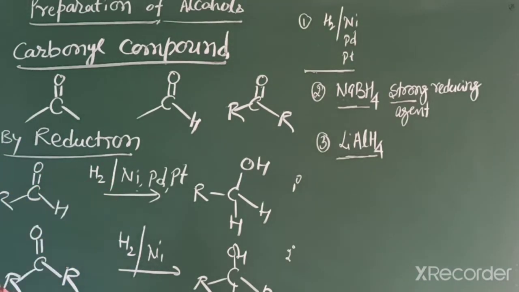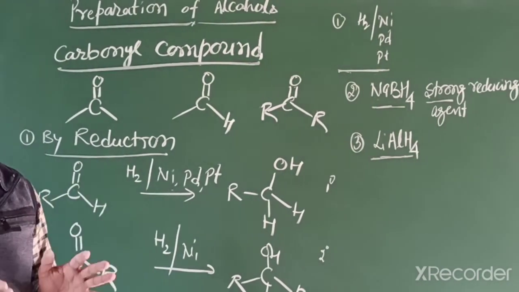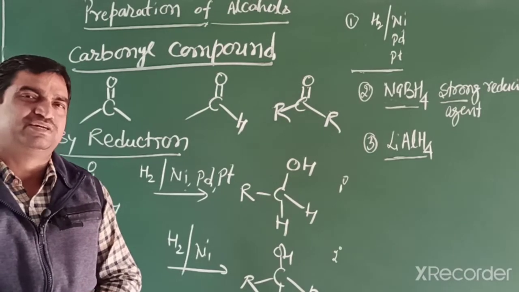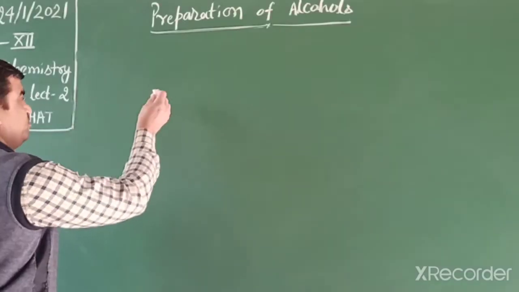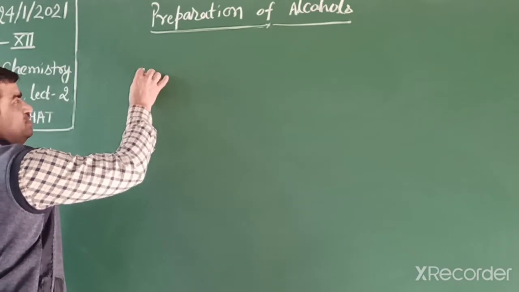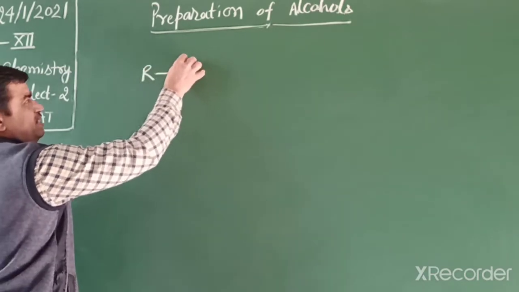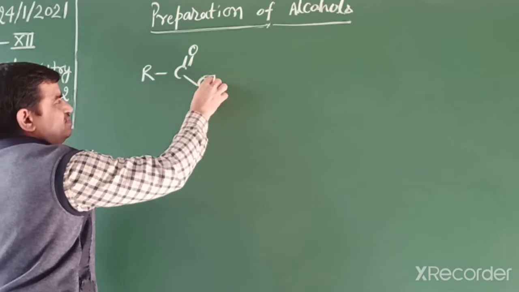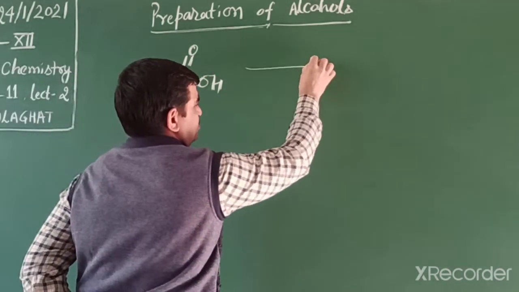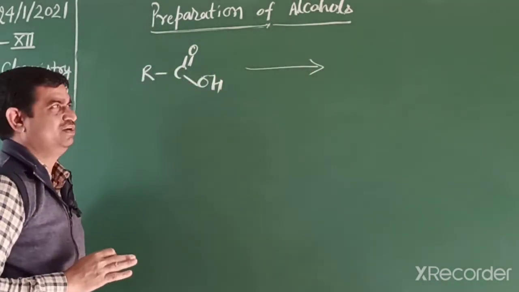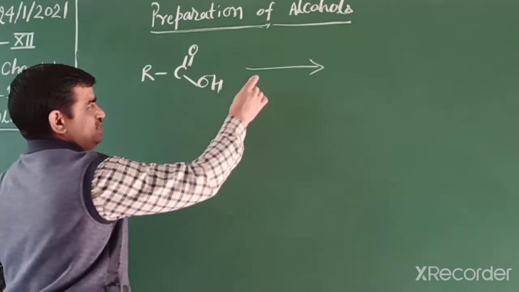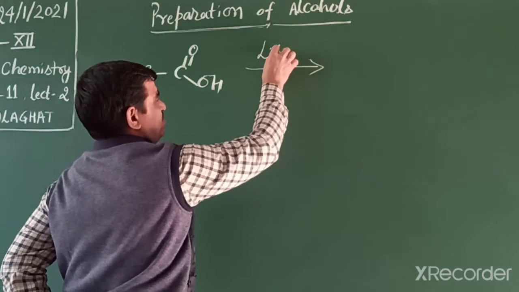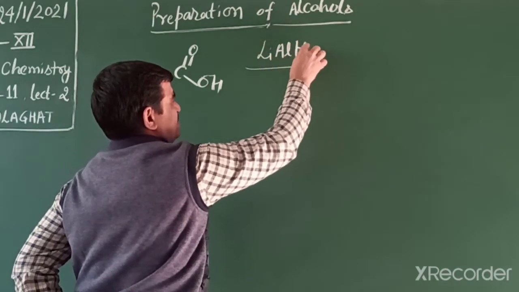Now we will prepare alcohol from carboxylic acid and esters. From carboxylic acid, students, how can we write carboxylic acid? Like this. If we want to convert carboxylic acid into alcohol, then we have to select a very expensive reagent known as lithium aluminium hydride.